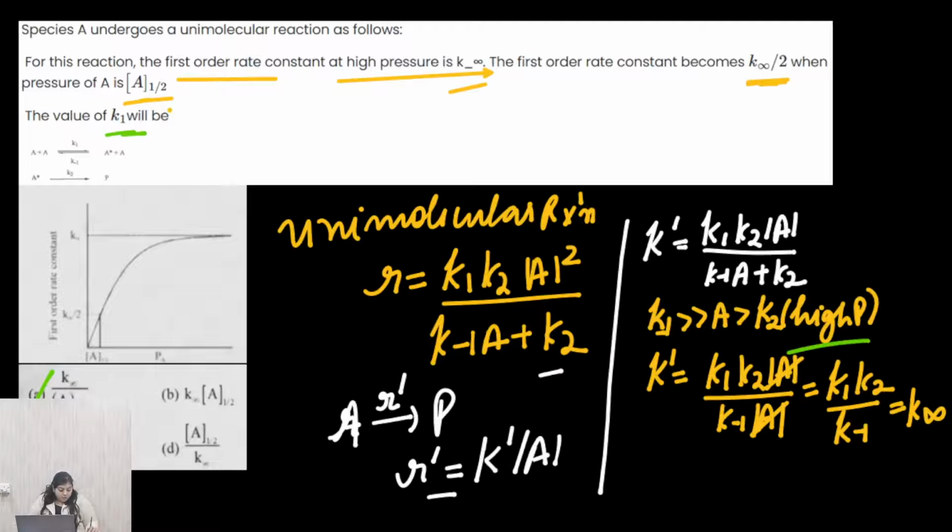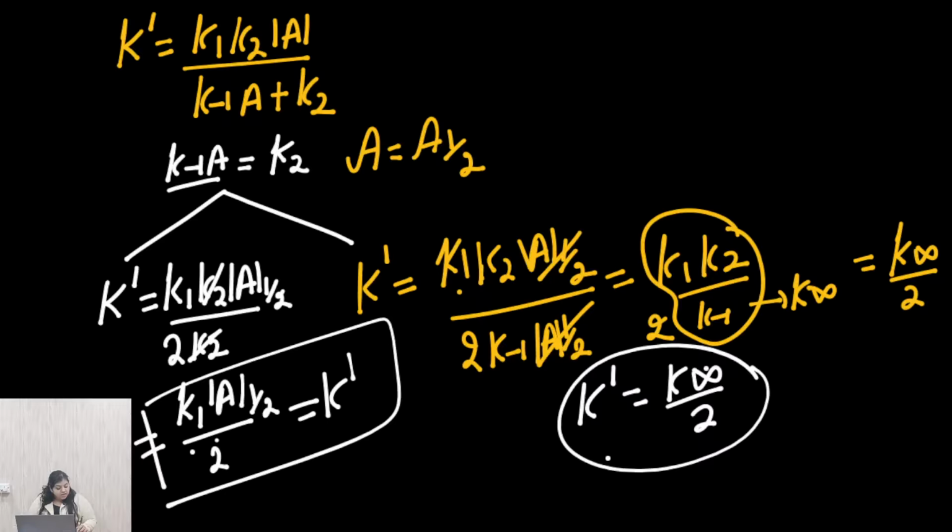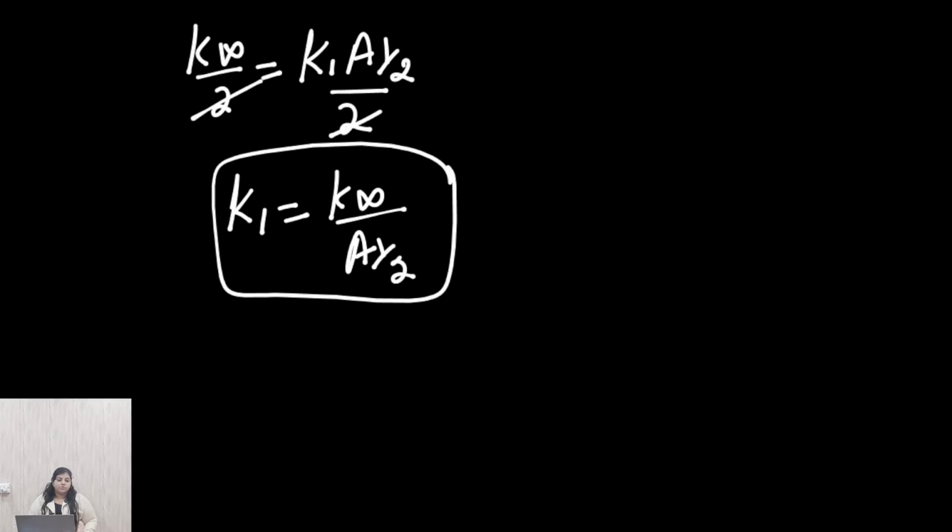For high pressure, it is given that the rate constant is K infinity, and the other condition given is that A is equal to A half, which means K inverse of A is equal to K2. From these two conditions, from one of them the observed rate constant we are getting as K infinity by 2. Use this in the other one and we can find the value of K1. Okay, so this is the answer.